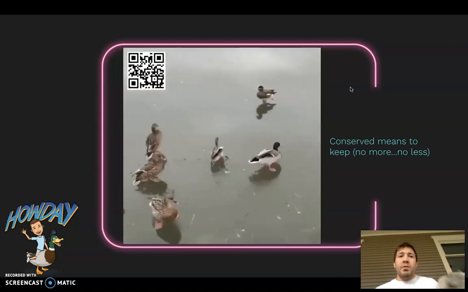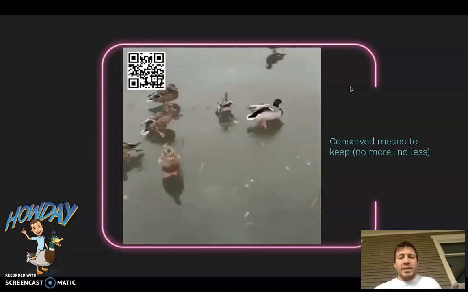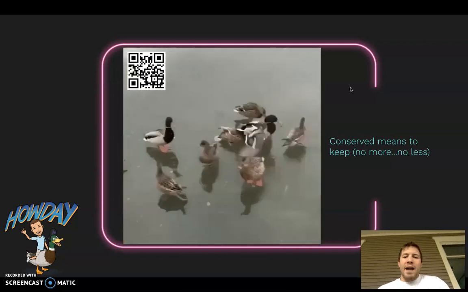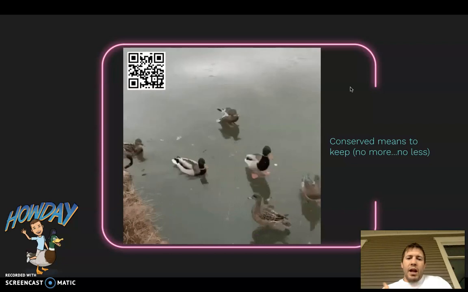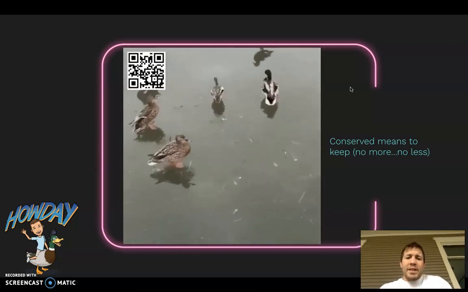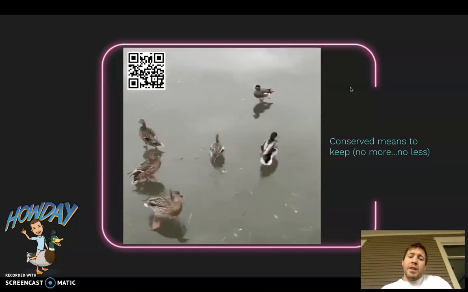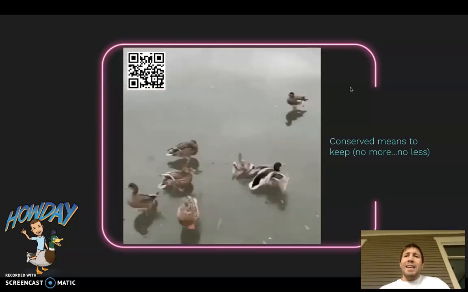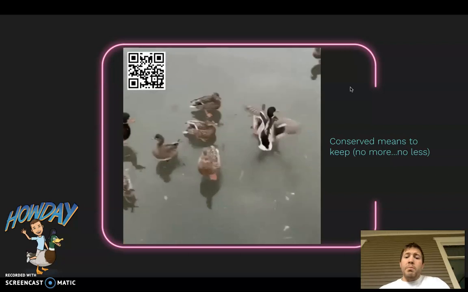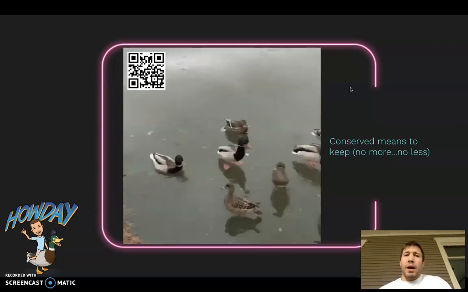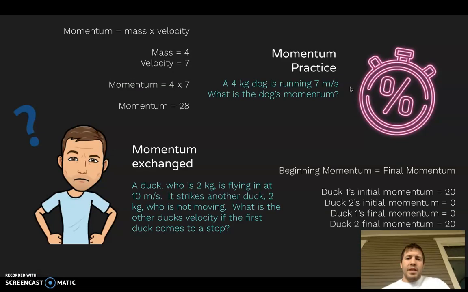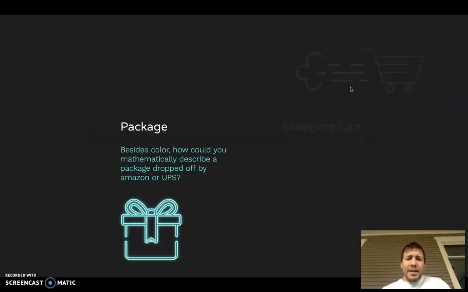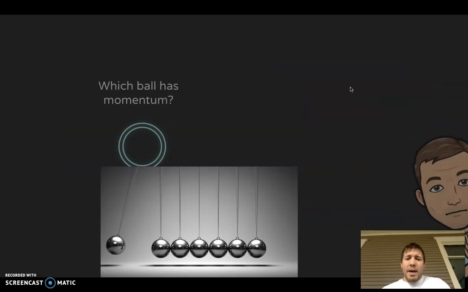We talked about an example where this first duck has a momentum of 20 because it's got a mass of 2 kilograms and a velocity of 10 meters per second. And it strikes another duck who initially was at rest, but it was also 2 kilograms. We're adding another layer to describe the motion or just the state of being of objects. That's a challenge, and I'd like to see some of you do a better job of describing things mathematically.